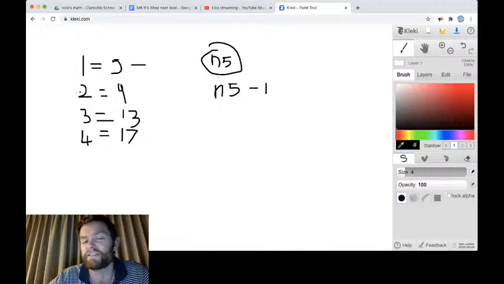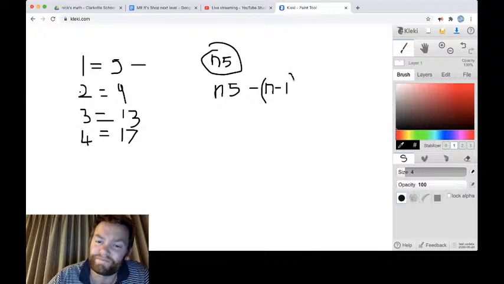And that's where your hint is: n minus 1. 5n, so 5 times the number, 5 times 2, minus the number, minus 1. 2 minus 1 is 1.